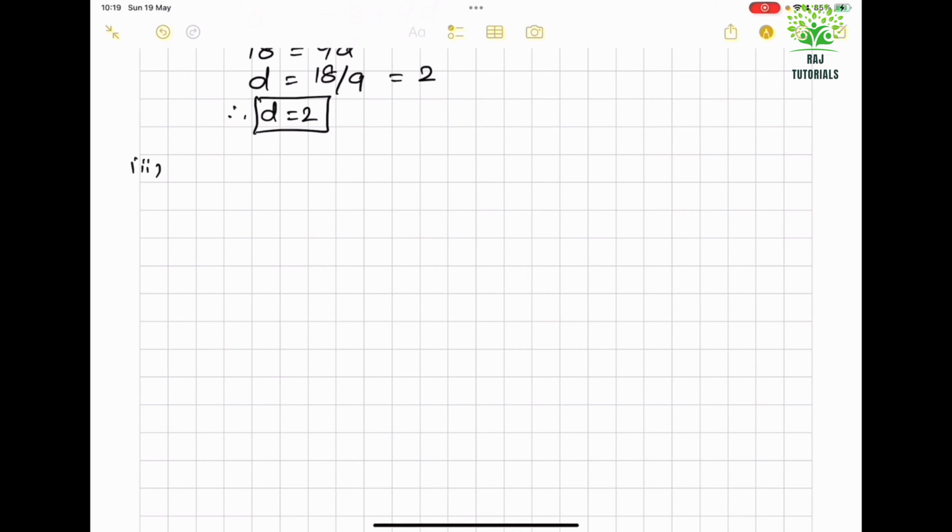The third one, it says A is not given to me. D is minus 3, N is 18 and AN is minus 5. Again, the formula is the same, AN equal to A plus N minus 1 D. Now, I am putting the values.